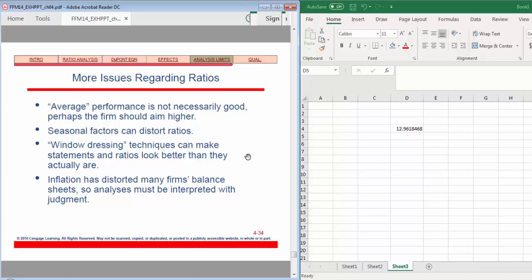Window dressing techniques can make statements and ratios look better than they actually are. Some companies show pre-sales in the current quarter, and that would look good. Pre-sale is basically your booking orders, but they have not actually shipped out.